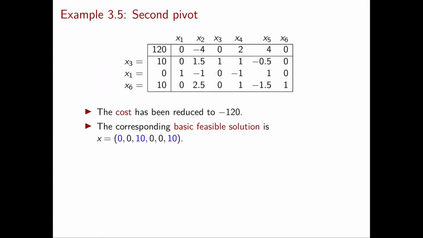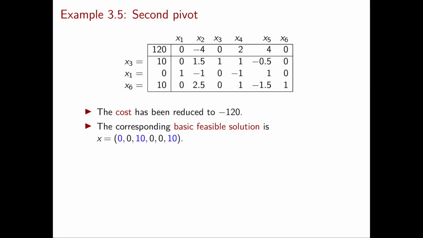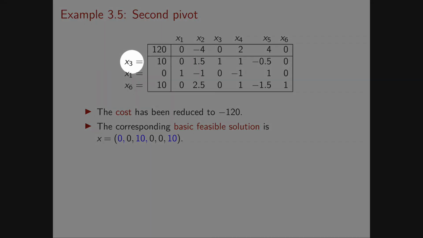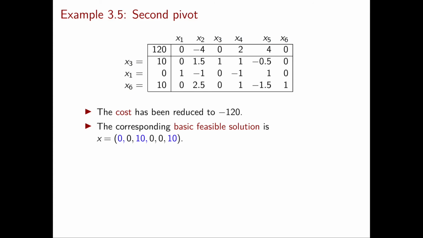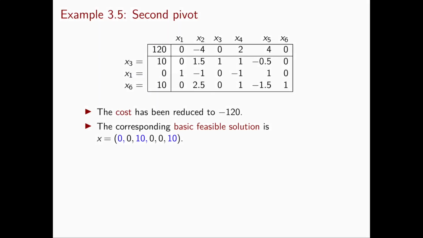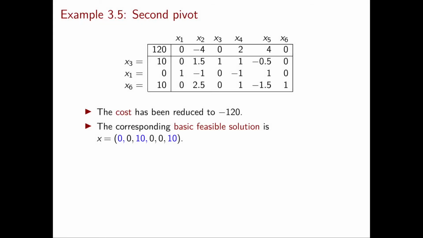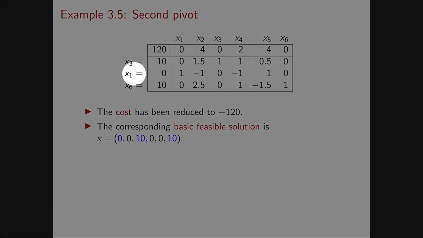As you can see, in the column that was our pivot column, we now have the first unit vector as we should have. Correspondingly, we replace x4 here with x3 because x3 entered the basis and x4 left the basis. We can see that now the cost has been reduced to -100 and the new basic feasible solution is (0, 0, 10, 0, 0, 10).